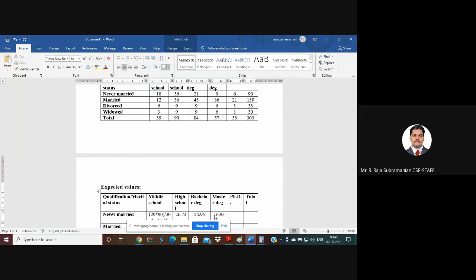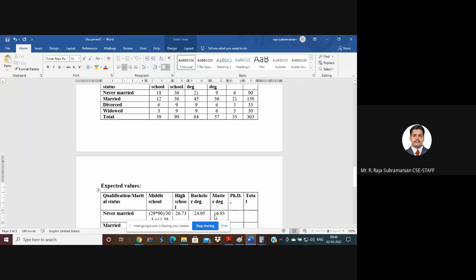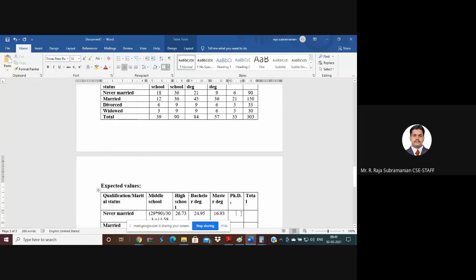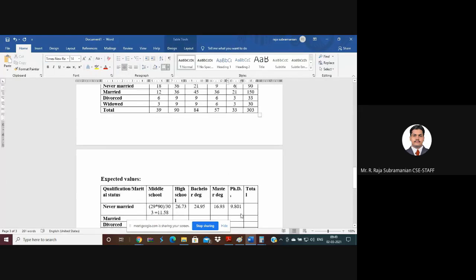Finally, only one value is remaining. That is 33 into 90, 2970 divided by 303, which is 9.801. Right. So you need to calculate all these four.